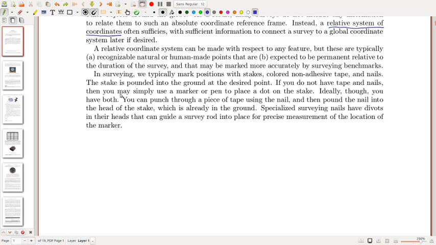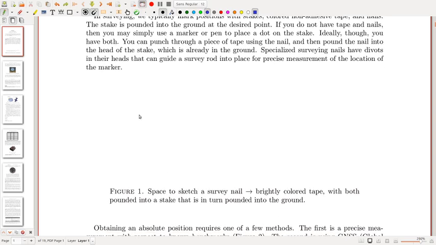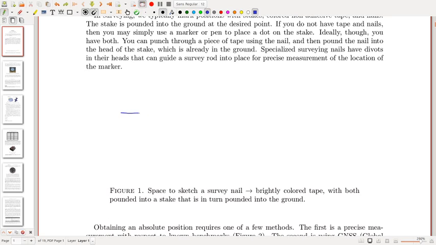What we do is we pound the stake into the ground at a desired point, and then we add a nail and a marker. And so here's what it's going to look like. So we have, let's say this is the land surface right here. This is the ground. And what we do is we pound in this survey stake with a hammer until its top is flush with the ground surface, more or less.